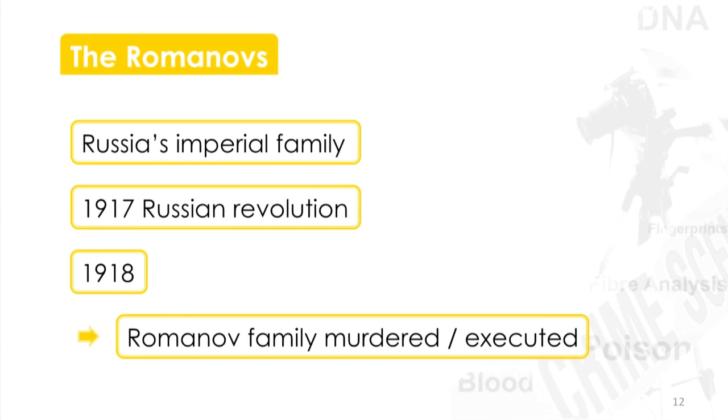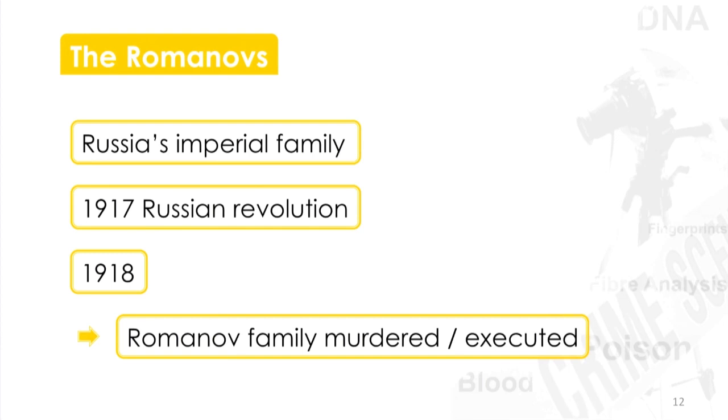But they weren't, and after the fall of communism and the fall of the Soviet Union, the bones were excavated from where they'd been hidden, and the Russian government decided to give the imperial family a proper funeral. But if you're going to organize a grand funeral for these human remains, you first have to make sure they really are the remains of the imperial family.